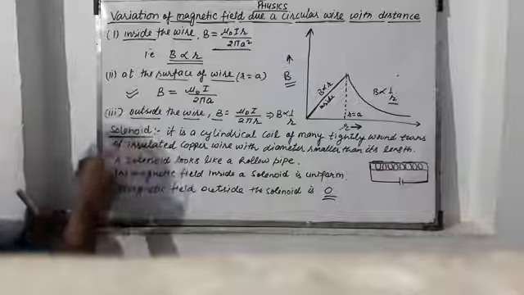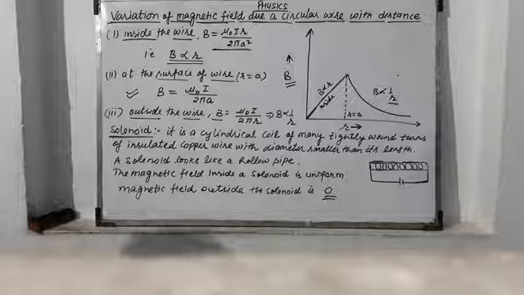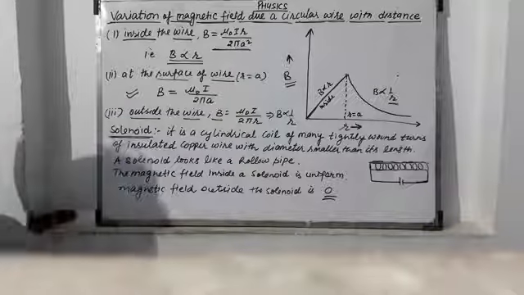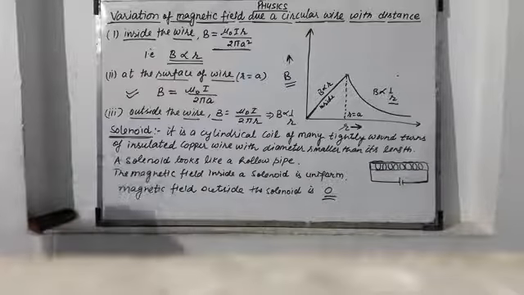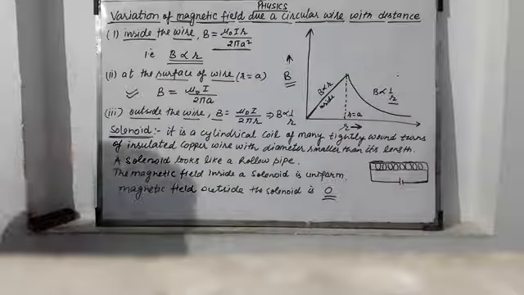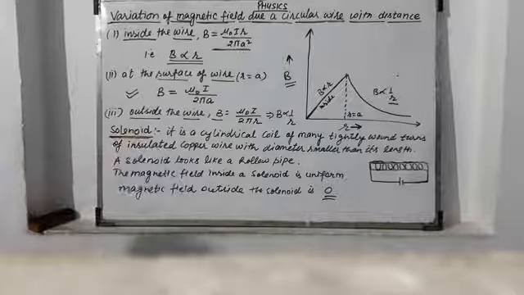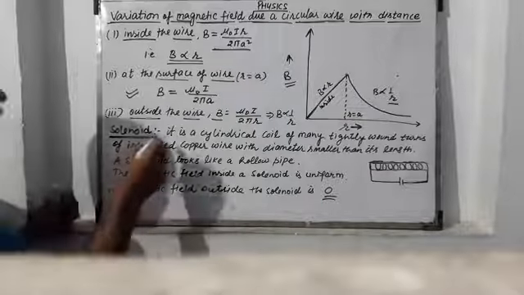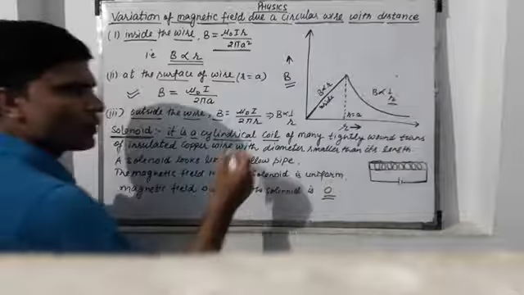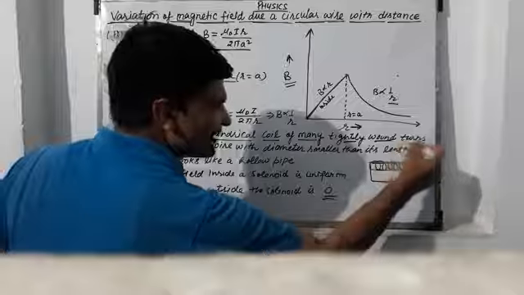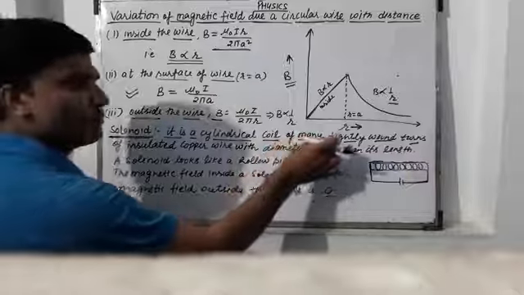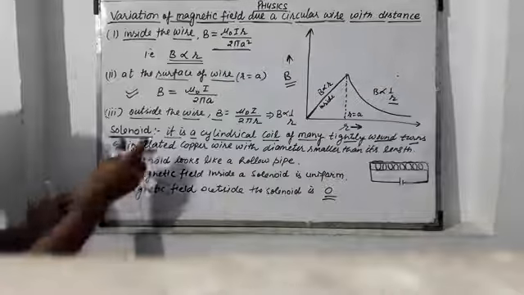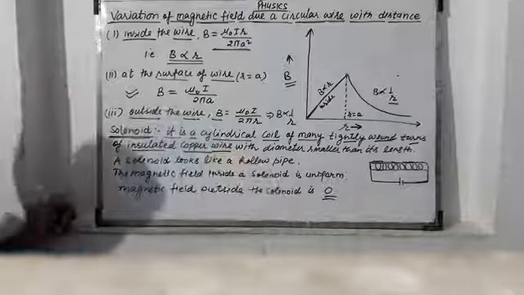Now the application of Ampere's circuital law. The solenoid is one application of Ampere's circuital law. Now the question is, what is a solenoid? It is a cylindrical coil of many tightly wound turns of insulated copper wire.